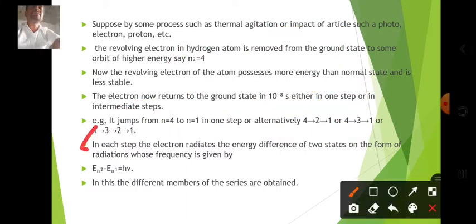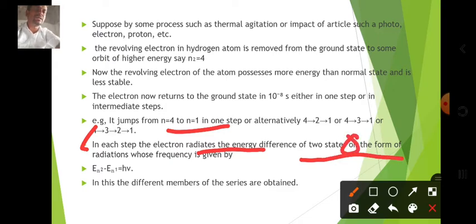Next, in each step the electron radiates the energy difference of two states in the form of radiation whose frequency is given by this equation, right?